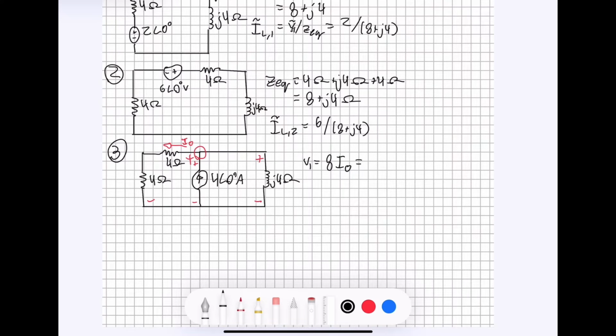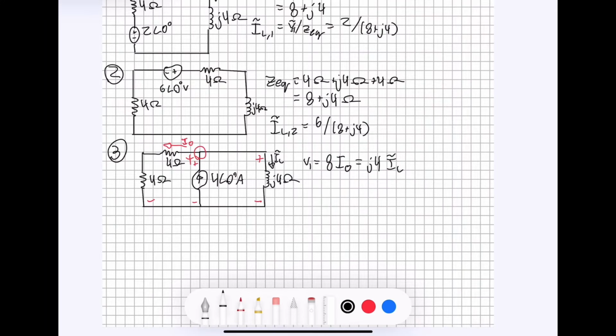And since the voltage drop across this branch is going to be equal to the voltage drop across that branch, we can also say that the impedance here, J4, times IL, which is going into the resistor here, is going to be equal. So now we have this equation right here relating those 2 terms.